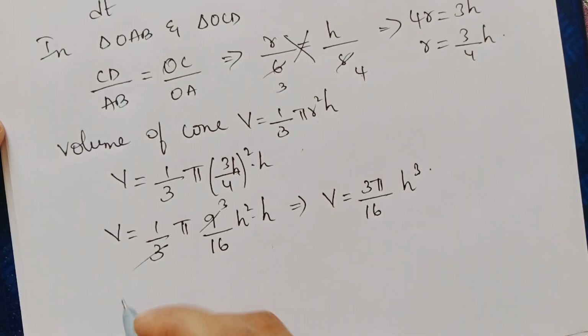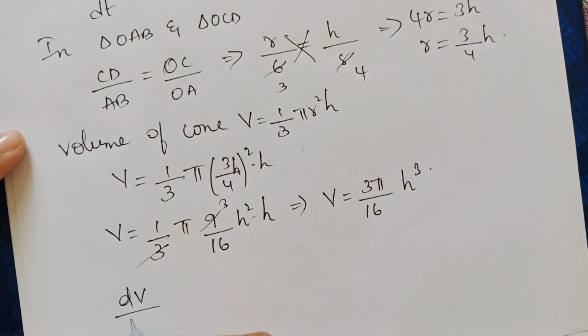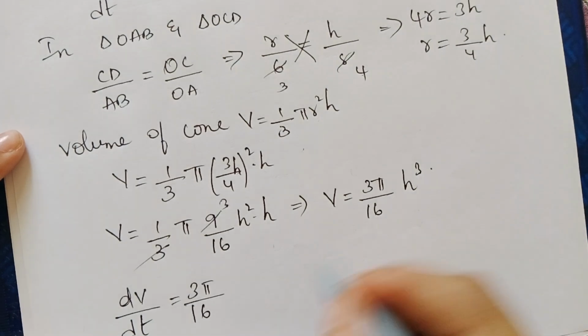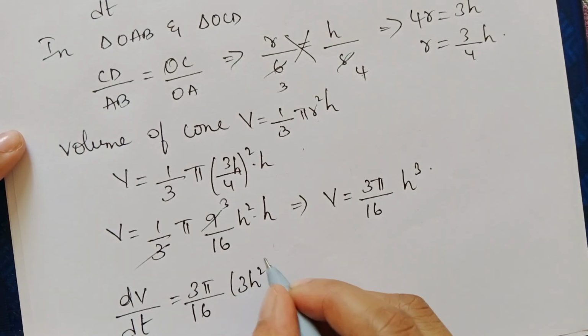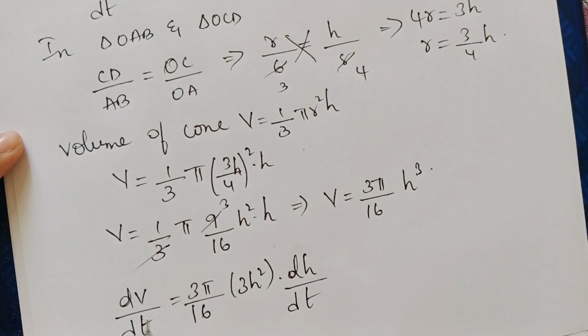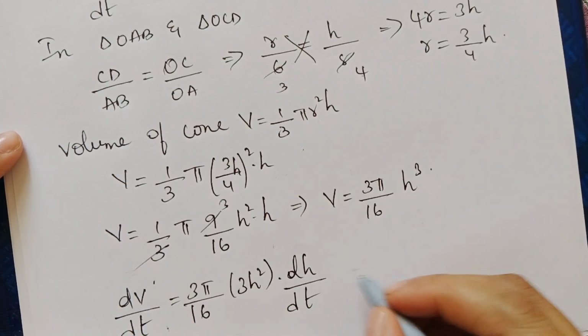Now differentiate it, so we'll get dV/dt = 3π/16 as a constant, and the derivative of h³ will be 3h² into dh/dt. Now we know the value of dV/dt. It is 2 m³ per minute.